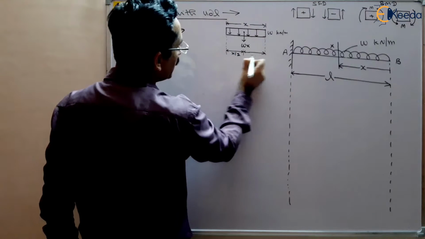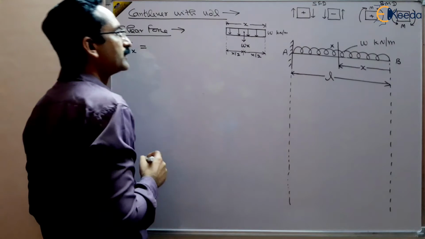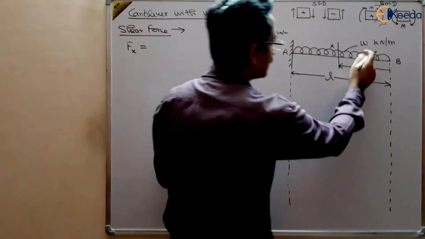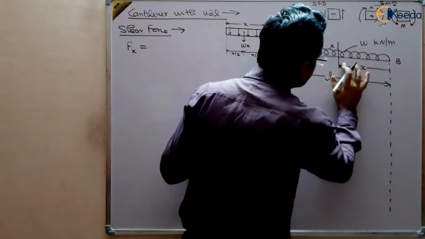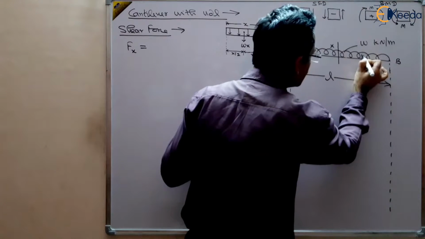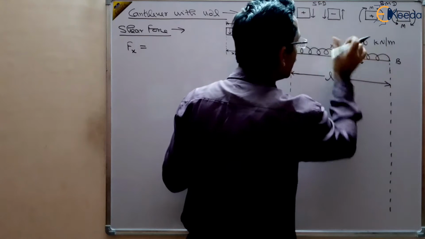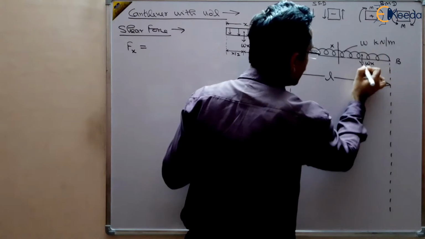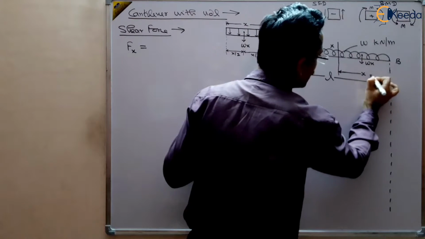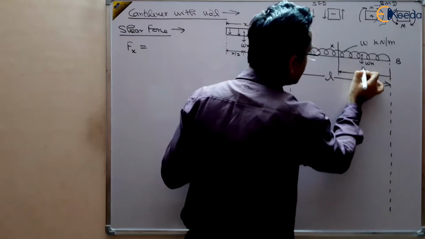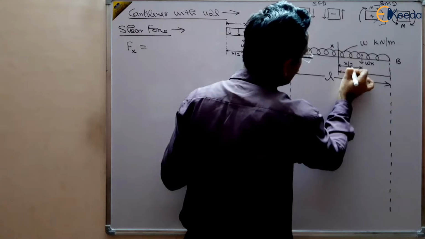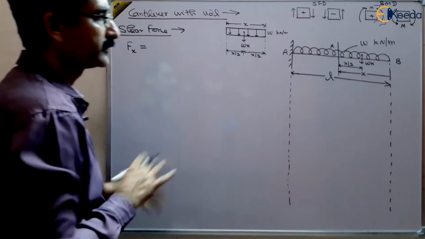And Wx will be at the center. Similarly, the same thing we are making here: this load is acting at the center, and this much is W multiplied by X. So Wx at the center. This distance we have taken X from the free end, and this distance will be X by 2. Is it okay?